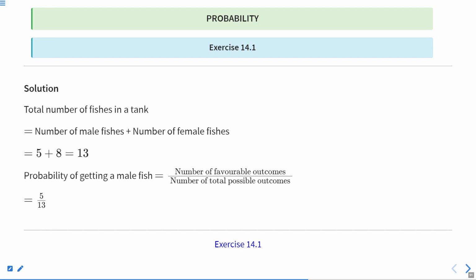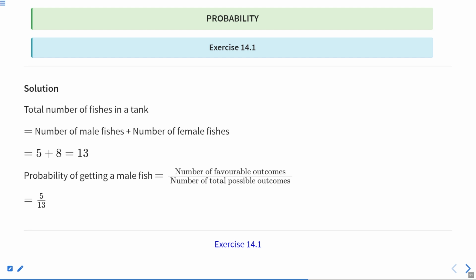The total number of fishes in the tank is equal to the number of male fishes plus the number of female fishes, which is 5 plus 8, and this is equal to 13. So the probability of getting a male fish is equal to the number of favorable outcomes divided by the number of total possible outcomes.